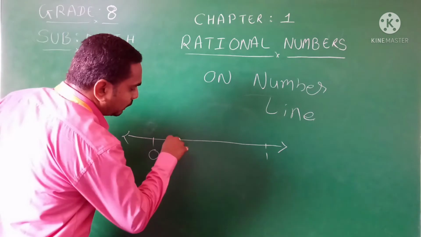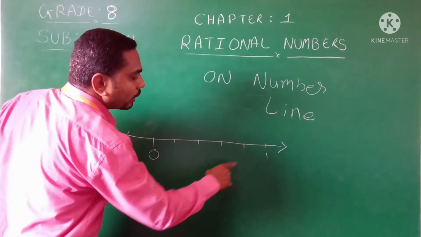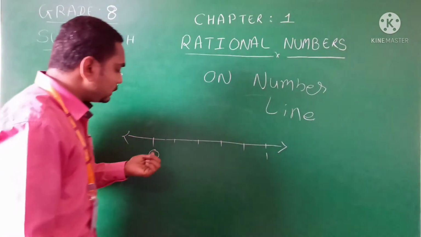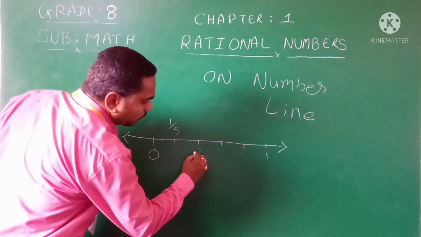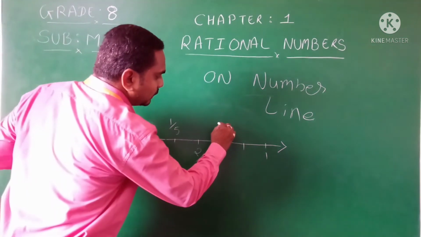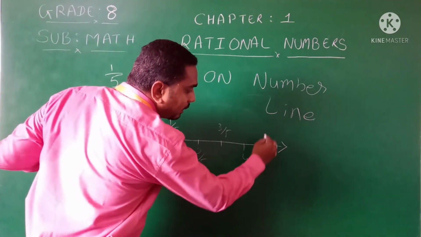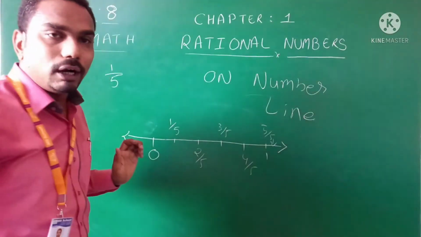For example, 1, 2, 3, 4 and 5. So here I can write 1 upon 5, this one is 2 upon 5, this is 3 upon 5, this is 4 upon 5, and here 5 upon 5 will become 1.